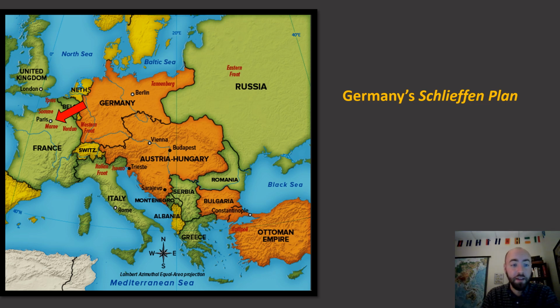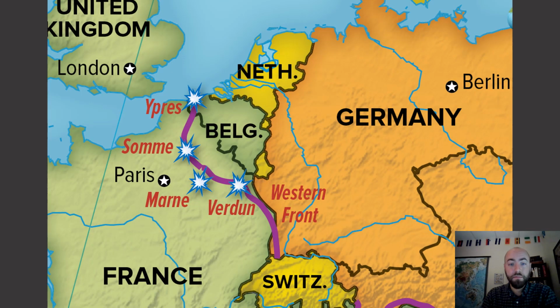Now, the problem with that is that France and Belgium have set up some fortifications, and they're ready to fight the Germans. So what ends up happening is a series of battles where Germany invades France, but the Allied powers are able to repel the Germans and basically prevent Germany from getting to Paris and knocking France out of the war quickly.